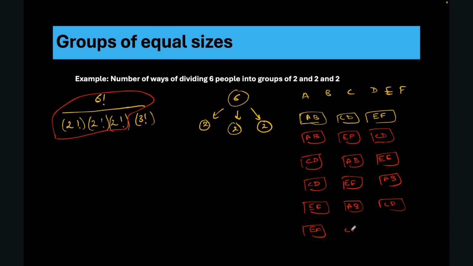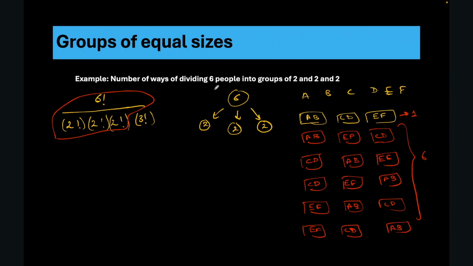Then EF, CD, and AB. So if you can see, I initially had 1 solution, but now I have a total of 6 solutions. That means my number of ways has incorrectly increased 6 times. Hence, I have to divide by 6, or 3 factorial in this situation.